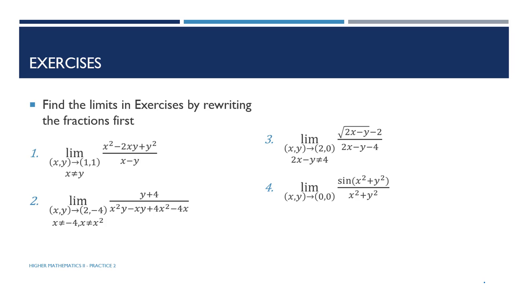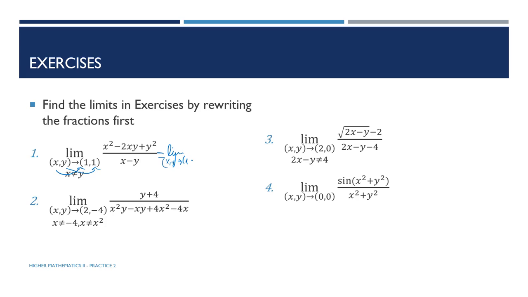Now we have to find the limits in the exercise by rewriting the fractions first. We have to rewrite these fractions. Why? Because if we just plug in these numbers here, maybe we will get some bad expression. So let's rewrite them. Start from the first one: x tends to 1, y tends to 1. If you look carefully at the numerator, you will see some formula.